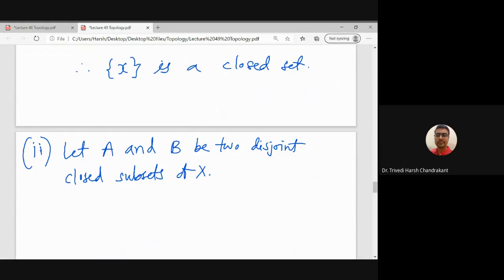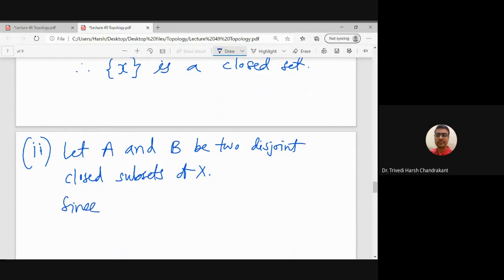Now X is a compact Hausdorff space, and we have a closed subset of the compact Hausdorff space. Then that closed subset itself is a compact space, right?